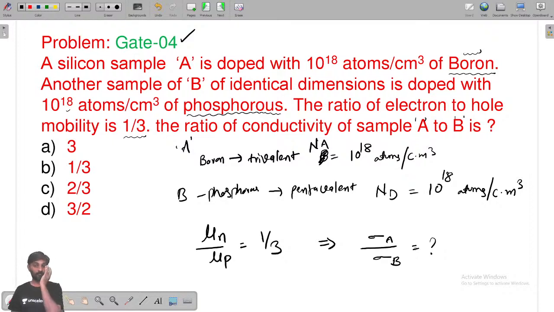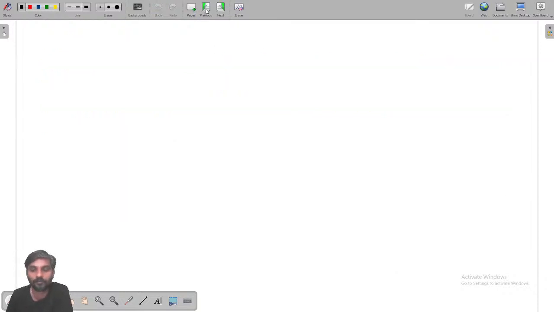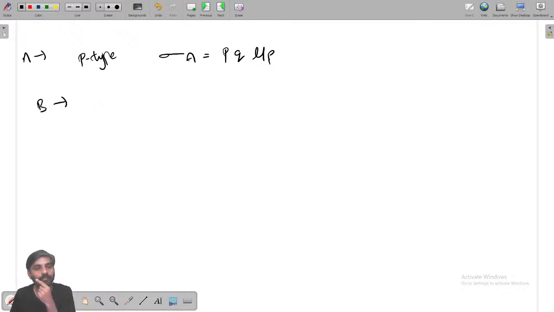Ratio of conductivity of sample A to sample B. So the conductivity of sample A is P type, right? It's going to be P Q mu P. This is A. B is N type.